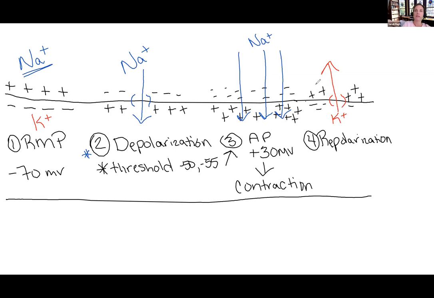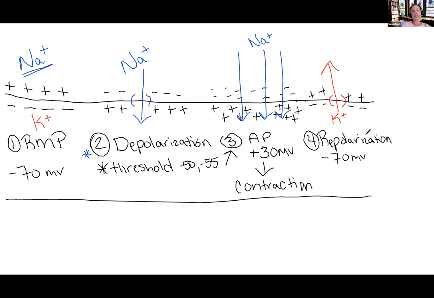Oops, I didn't mean to do that. Inside becomes more negative. Get rid of that extra positive too. And this will get us back to negative 70 millivolts.